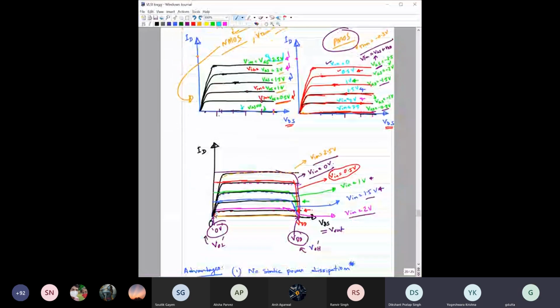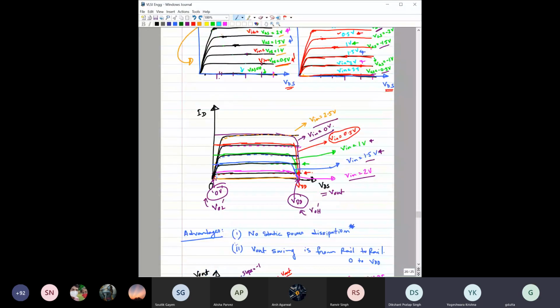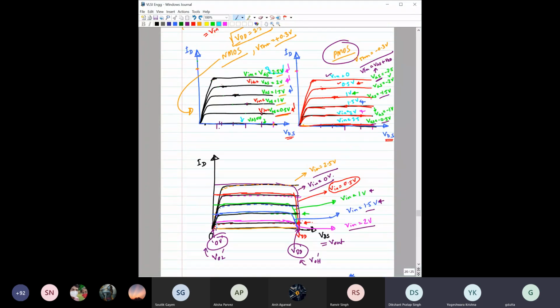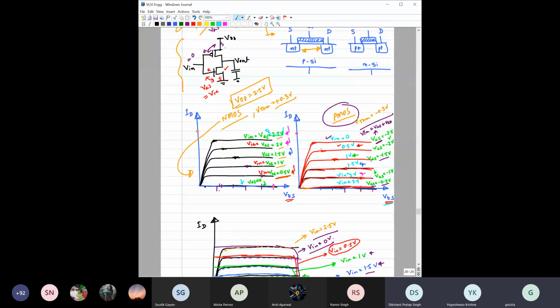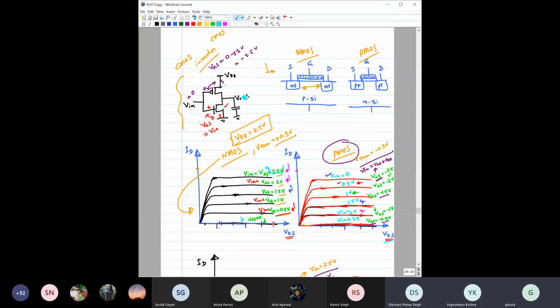Here we have seen how to get the voltage transfer characteristics of this MOSFET. To do it graphically, we have to notice that for the PMOS ID-VDS characteristics, the output characteristics, VDS is nothing but VDD minus VDS of the N transistor.